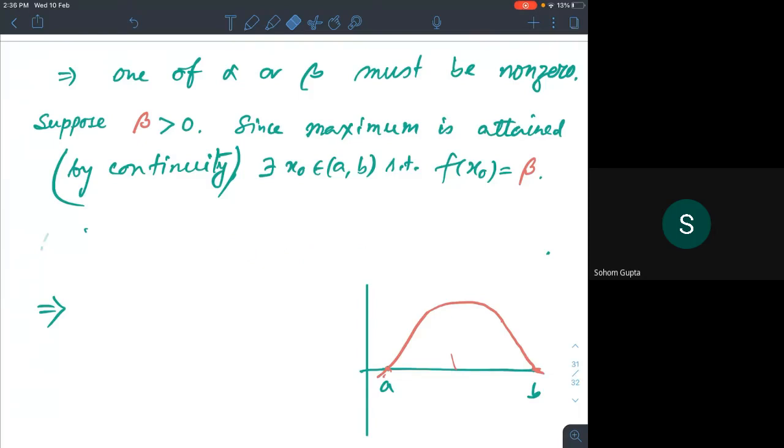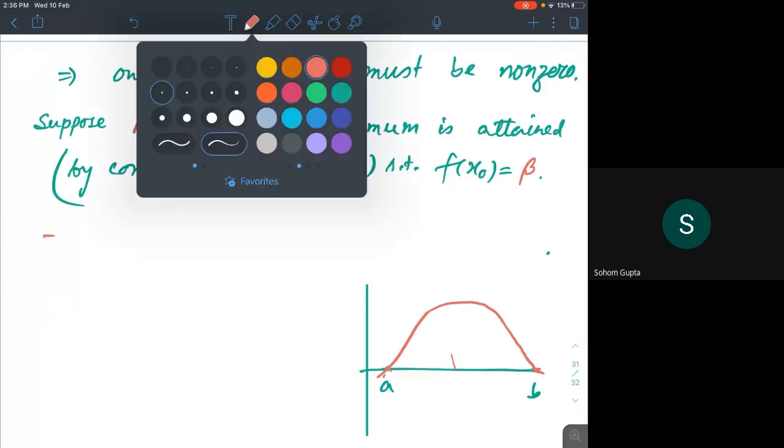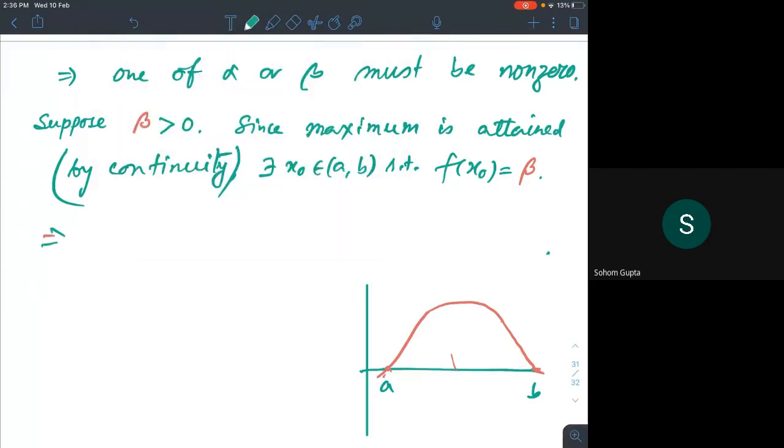The maximum is attained here, so I should put c itself because we get the derivative to be 0 there. This implies f prime of c equals 0 by the previous theorem.